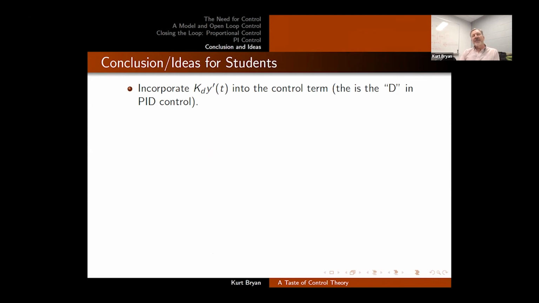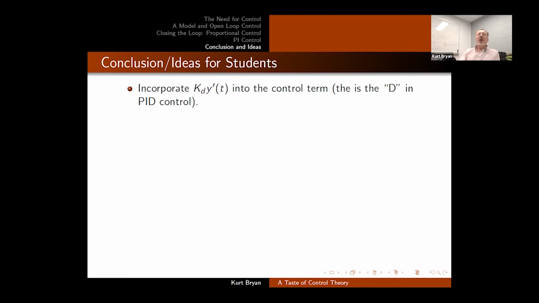You can throw derivative terms into the control strategy, and derivatives Laplace transform just as nicely as anything else. So you can have them look more generally at PID control, and you can have them start experimenting with those gains, the proportional gain, the integral gain, and then there's a derivative gain. And you can have them look at how those parameters affect the system.